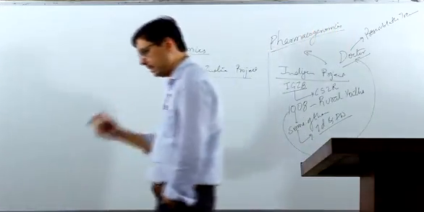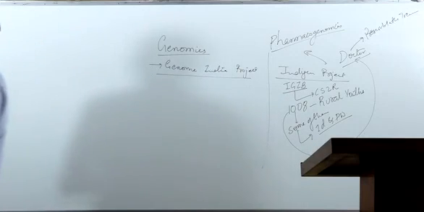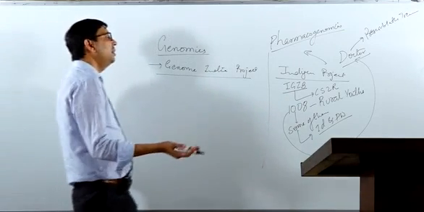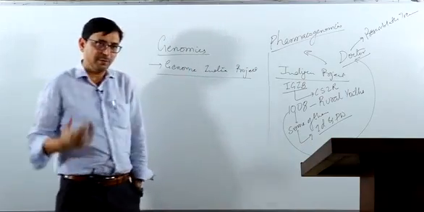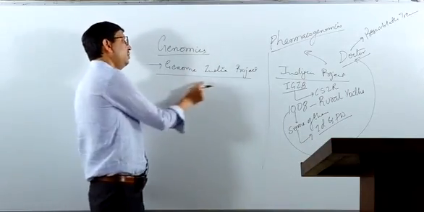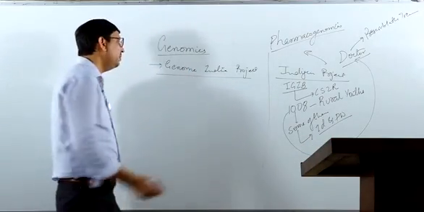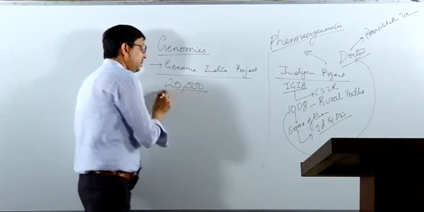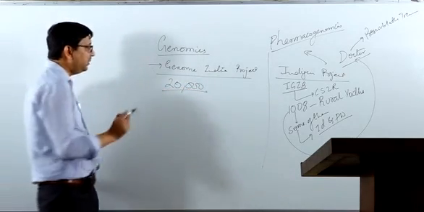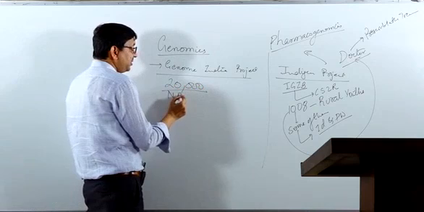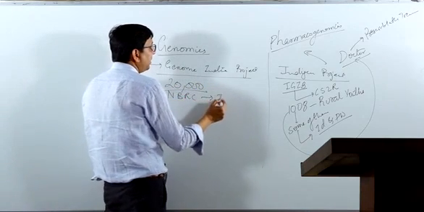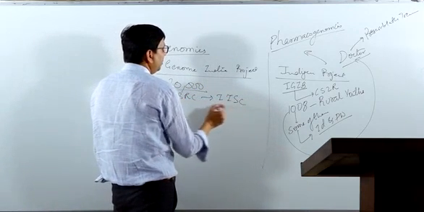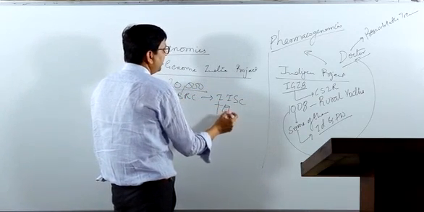Now let's continue further. A broader version of this project is called the Genome India project. Here we will take 20,000 genomes. This will be executed by the National Brain Research Center, which is a part of the Indian Institute of Science, Bengaluru, plus there will be 19 other institutes also.